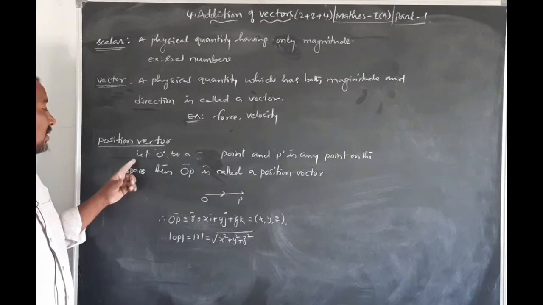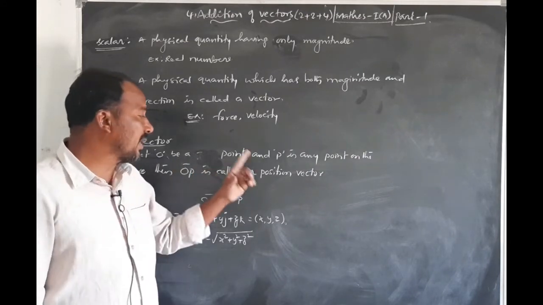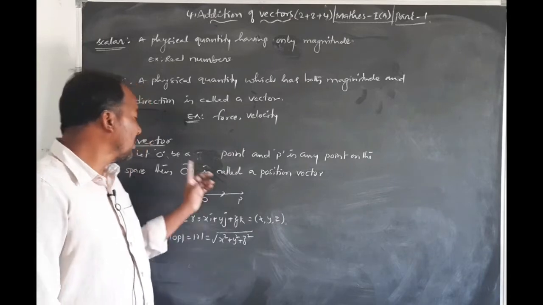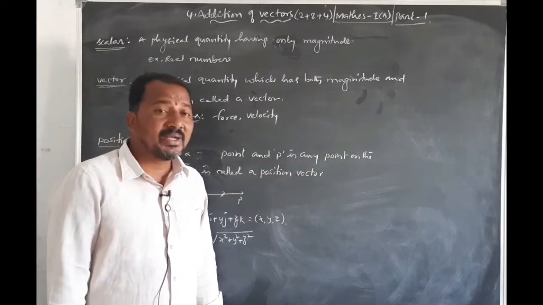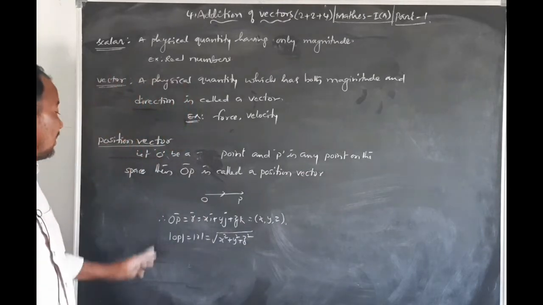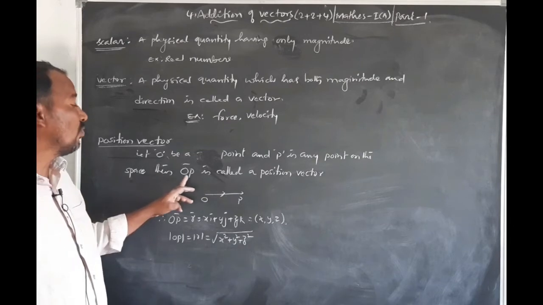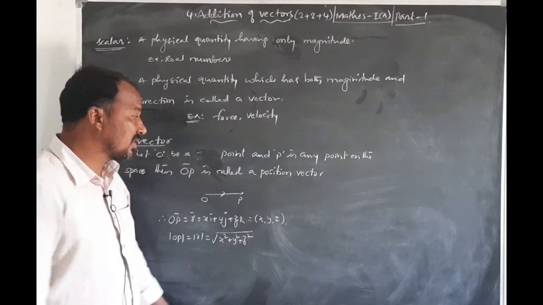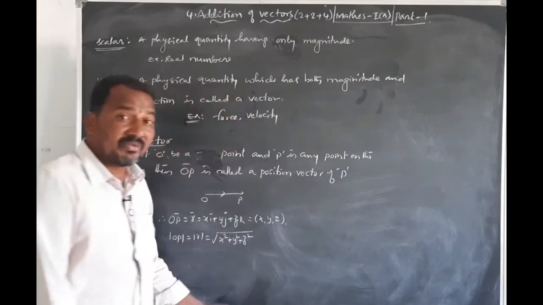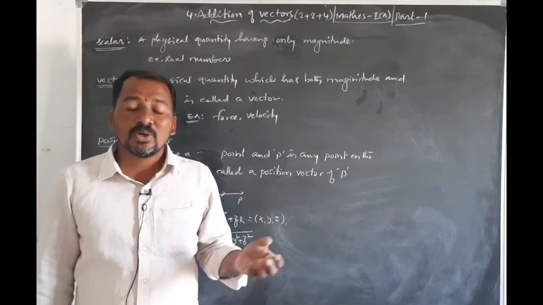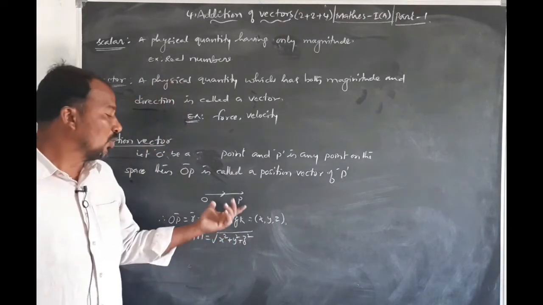Okay, let O be a point, and P is any point in the space, then OP is called the position vector of P. Position vector of A is OA, position vector of B is OB.